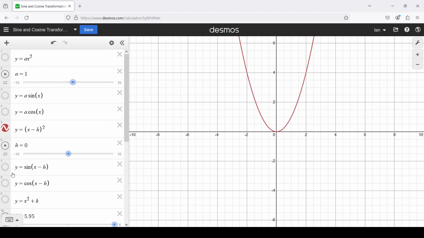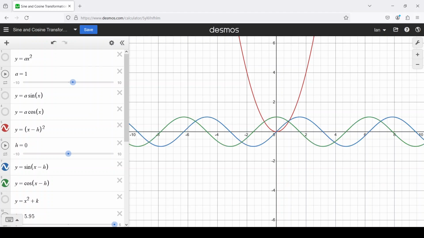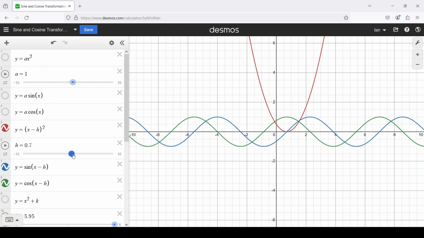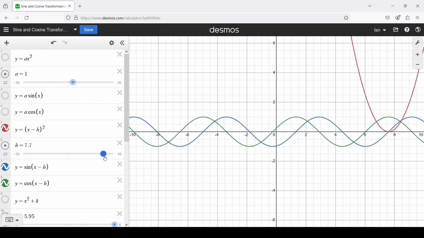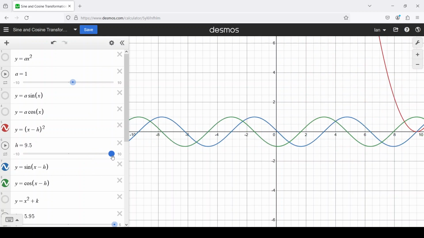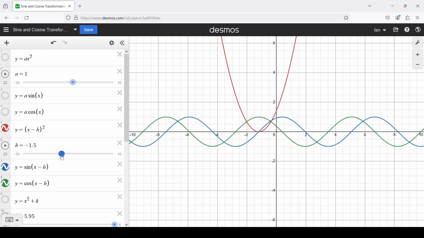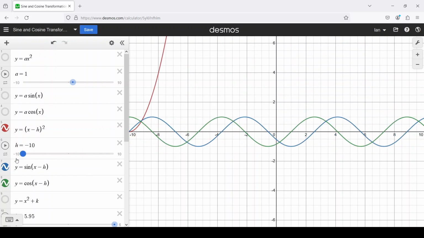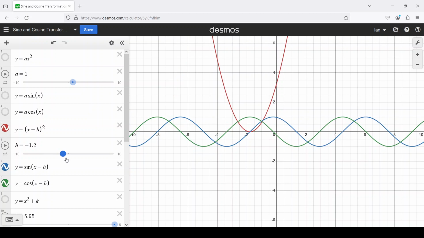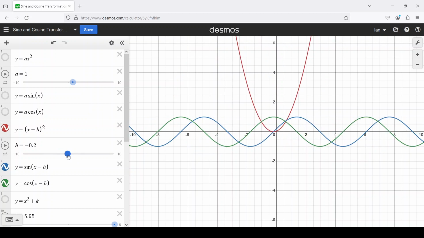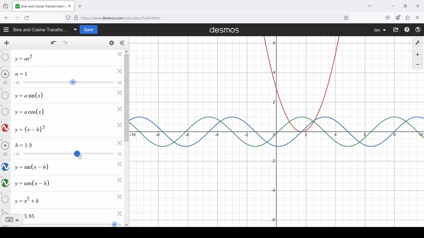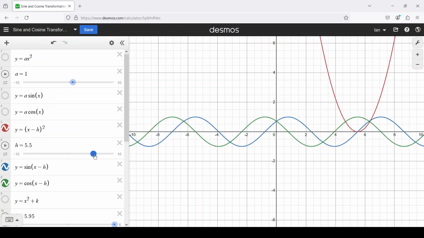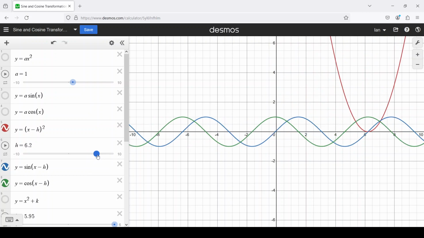What do you think the effect of h would be on sine and cosine? Well, exactly the same thing, okay? So as I make my h larger and larger as a positive, we shift to the right. And as I make my h larger and larger in the negative direction, we shift to the left, okay? Now notice, you could have h equals 0 here, for example, looks like that, and then you could shift, and right about here, you get the same curve again.